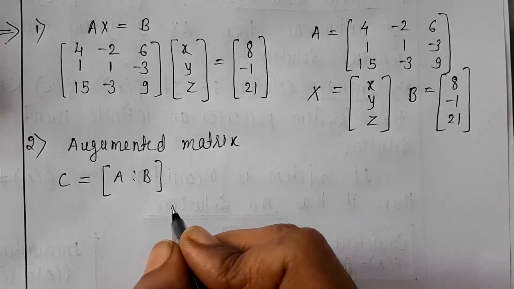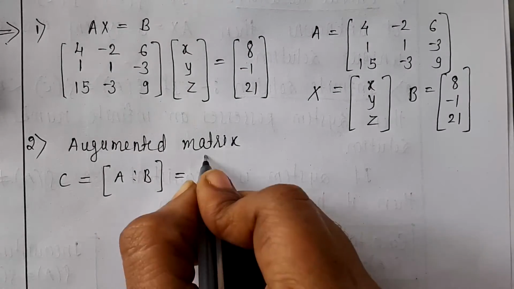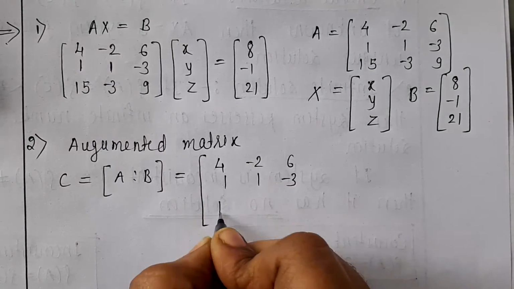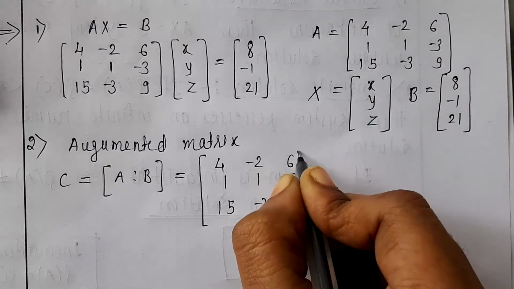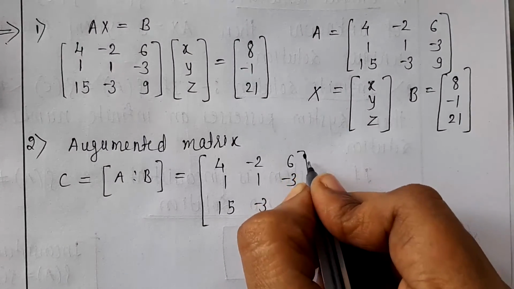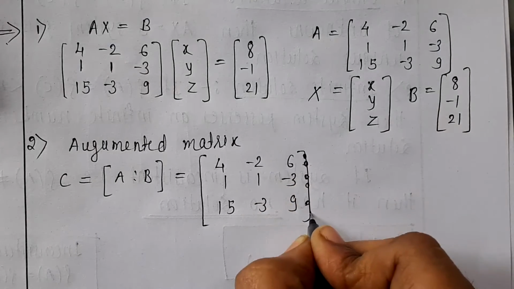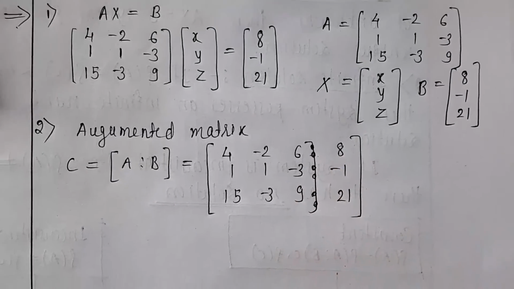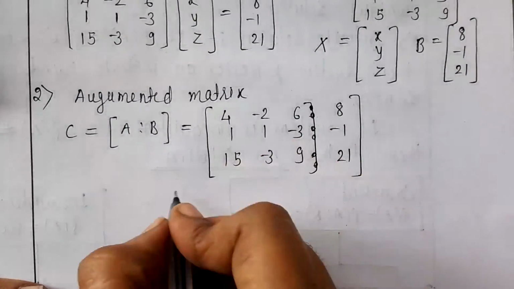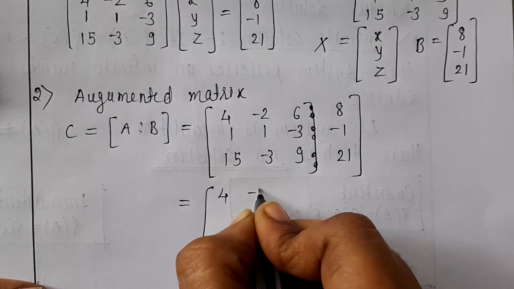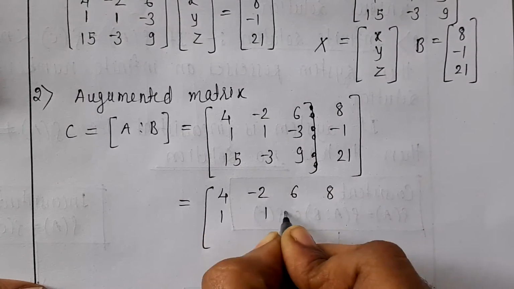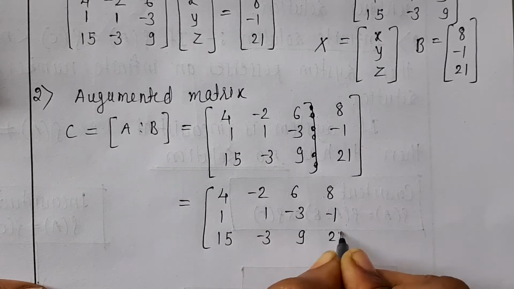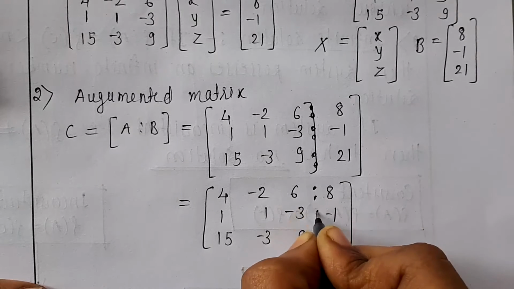So the augmented matrix is equal to A matrix, which is 4 minus 2 6, 1 1 minus 3, 15 minus 3 9, and B matrix is 8 minus 1 and 21. So write it in one matrix only. I am writing it again: 4 minus 2 6 8, then 1 1 minus 3 minus 1, and 15 minus 3 9 and 21. This is our augmented matrix.